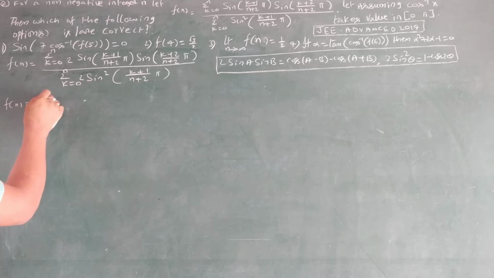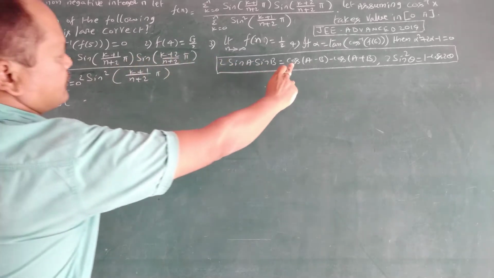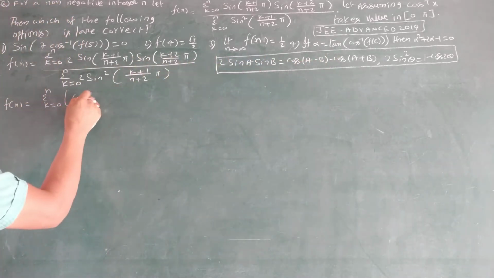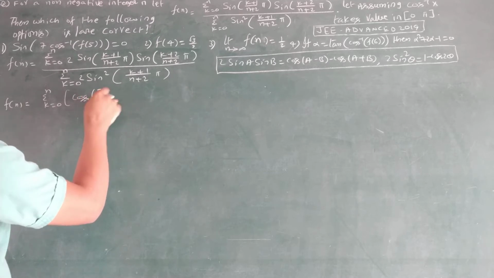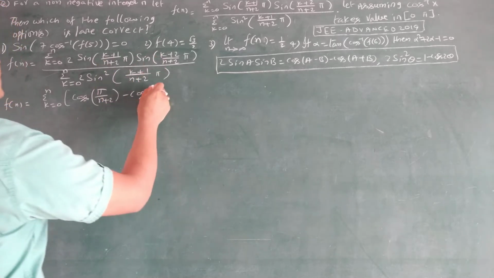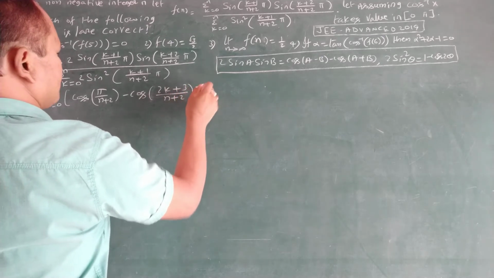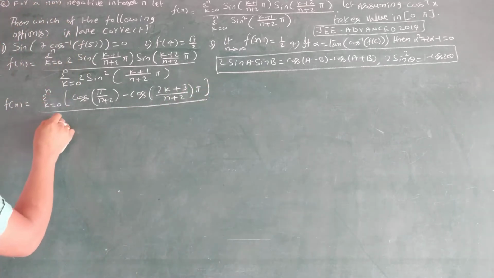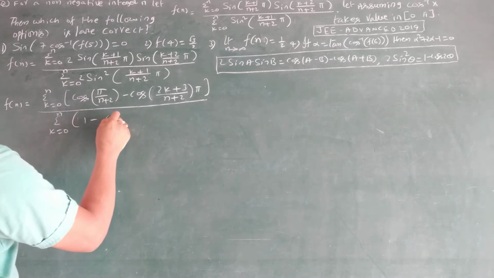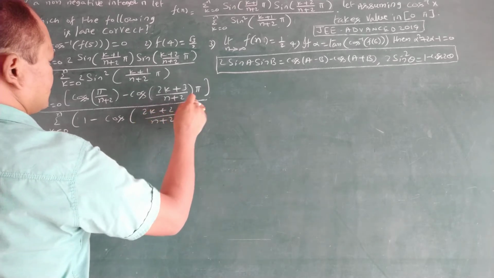Then it is Σ_{k=0}^{n} of [cos(π/(n+2)) − cos((2k+3)π/(n+2))] divided by Σ_{k=0}^{n} of [1 − cos((2k+2)π/(n+2))].